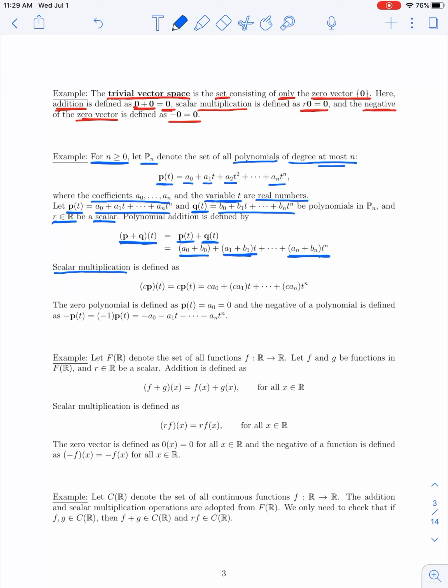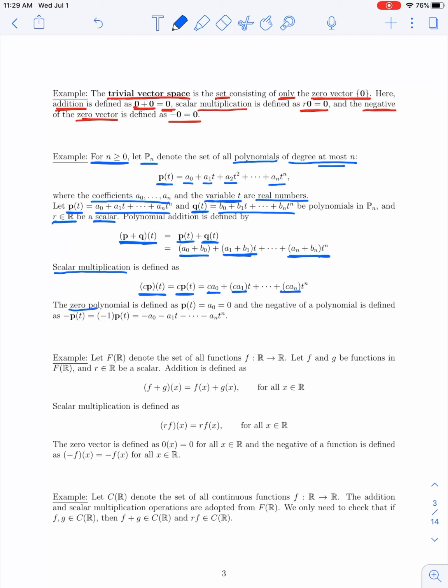And scalar multiplication would be defined as c times p of t, which is defined as the product of the scalar c times the polynomial p of t, which is found by taking each coefficient of our polynomial and multiplying it by that scalar c.